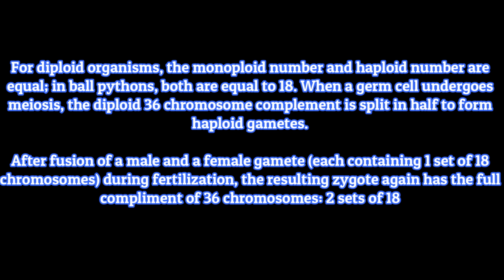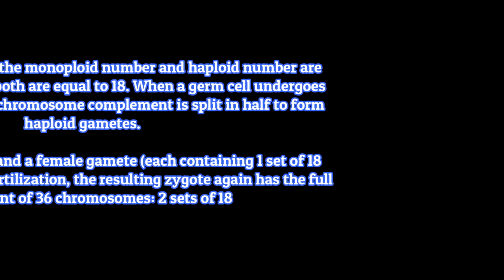It's a process exclusive to sexual reproduction, and the haploid cells fuse with another set of 18 chromosomes from the second parent during fertilization. So the embryo produced is again a diploid animal, and in our ball pythons it will have 36 chromosomes, two sets of 18 chromosomes, one set from each of the fused haploid cells produced by each parent when they make their eggs and sperm.